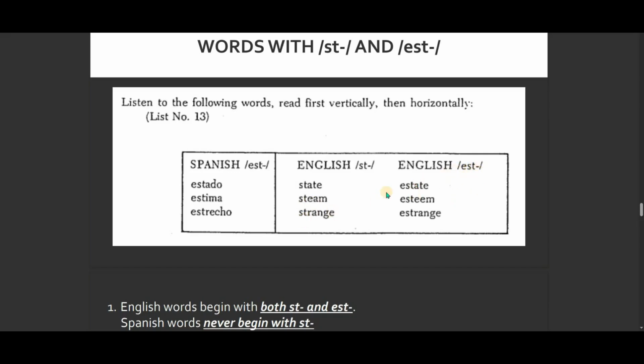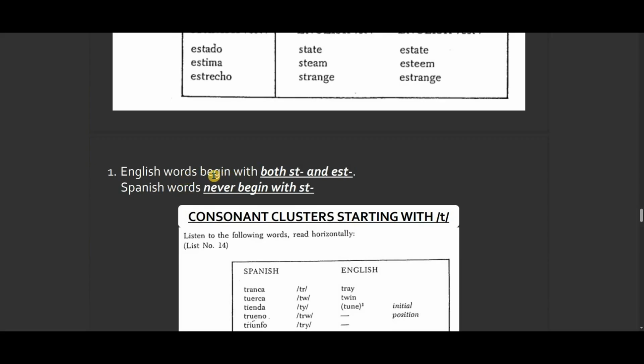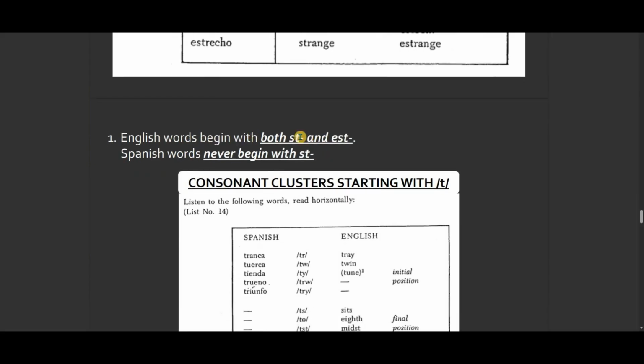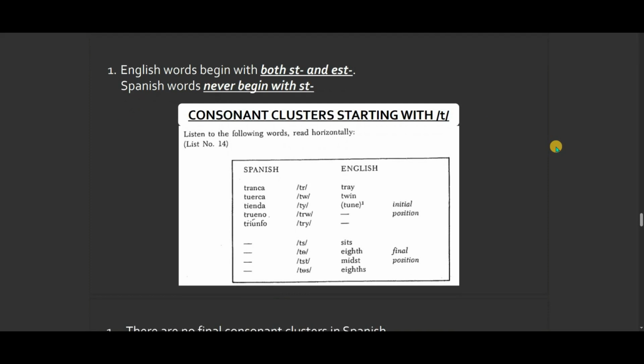Knowing this, we can tell that English words begin with both ST and EST, while Spanish words will never begin with ST, only with EST.